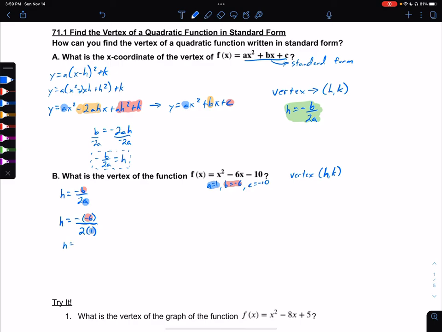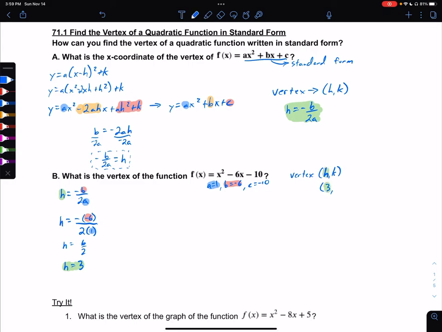So h would be equal to 6 over 2, or h is equal to 3. That's the first half of finding the vertex. Our vertex would be 3, something. Let's say h is equal to 3.